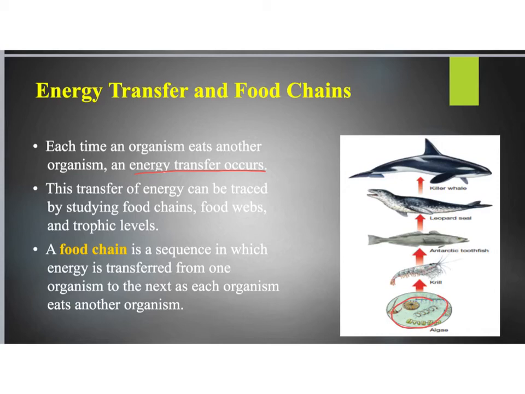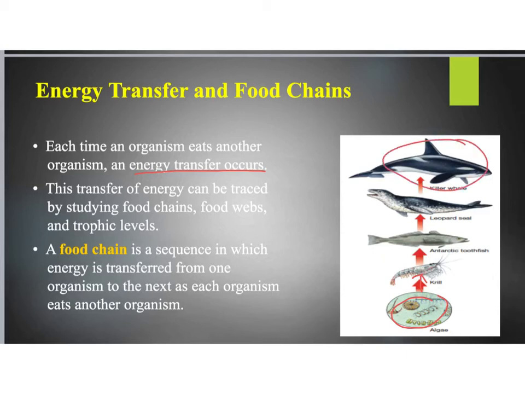In this food chain, we're starting with algae, and the arrow is pointing to the animal that eats the previous organism. So the algae is in the ocean. A little shrimp-like creature called krill eats the algae. An Antarctic toothfish eats the krill. And then a leopard seal comes along and eats the toothfish, and a killer whale eats the leopard seal.